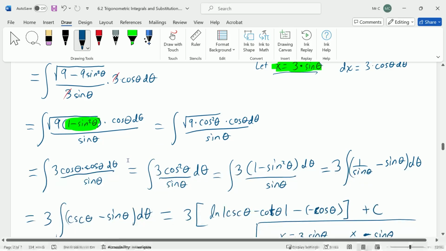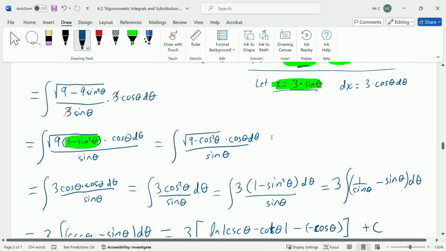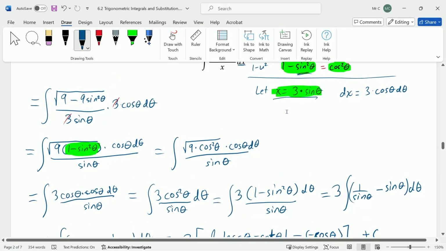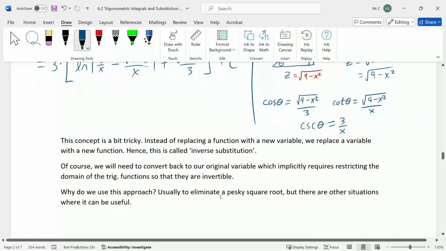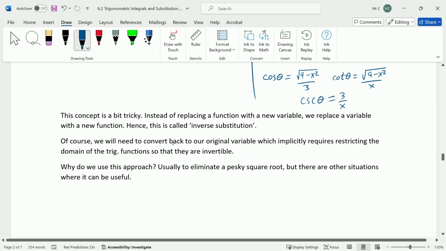So in this case, we restrict ourselves for when we make our substitution for sine to negative pi over 2 to pi over 2. And that means cosine is always positive on that restriction. So when I take the square root, I know I get the positive number. So that's an important part of the approach.